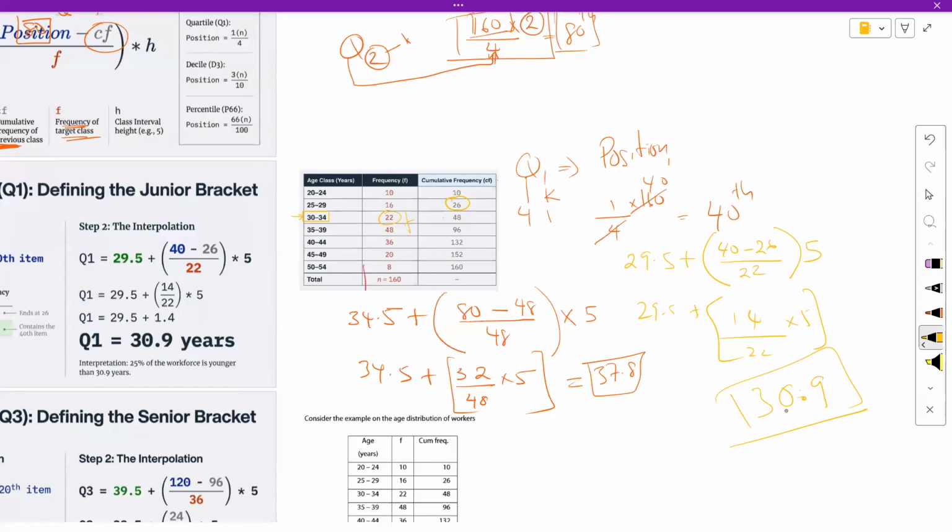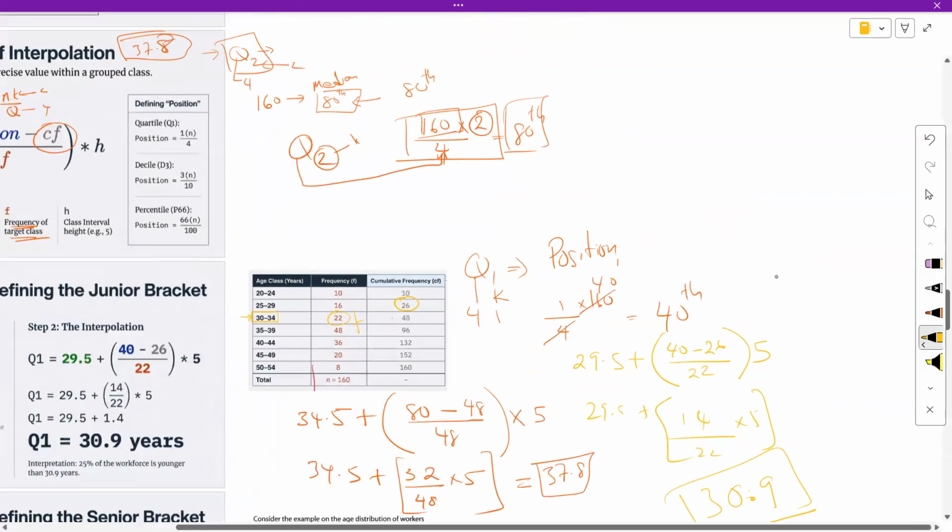What does it mean? 30.9 means we can divide the whole 160 employees into 4 groups.